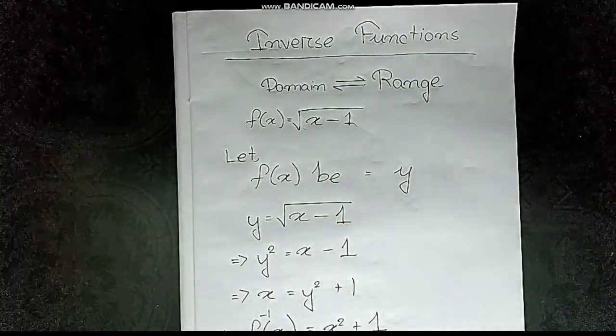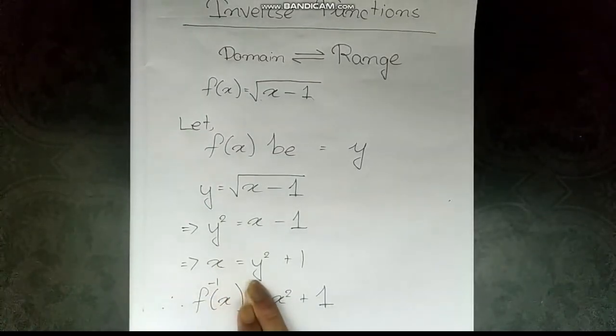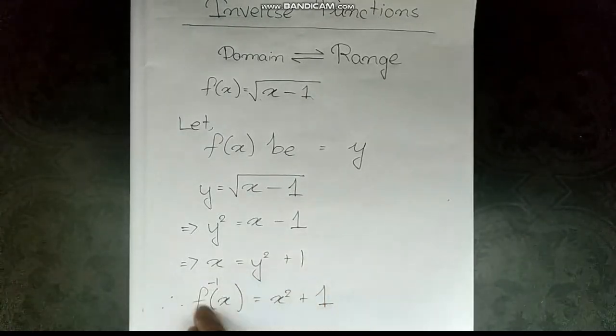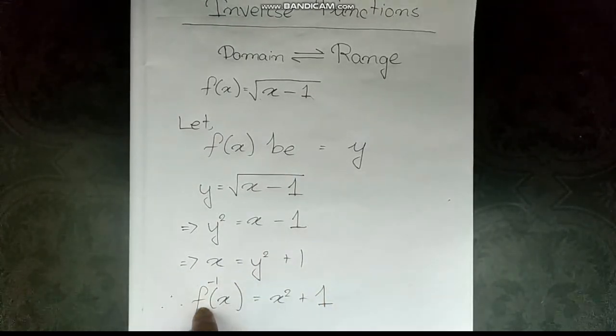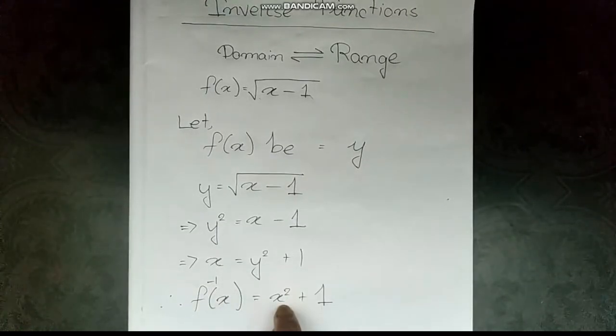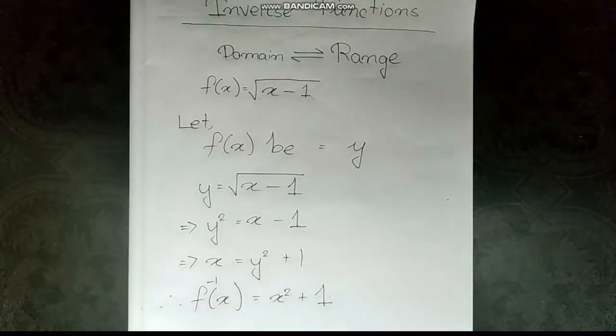Notice that you have to come to this point that x is equal to y square plus 1. But in the next line, therefore f inverse, the input is x, so we have to put the x values here. So instead of y, you have to write x.